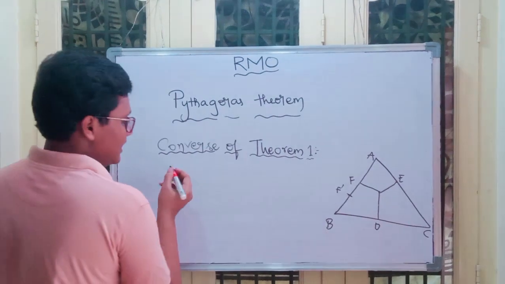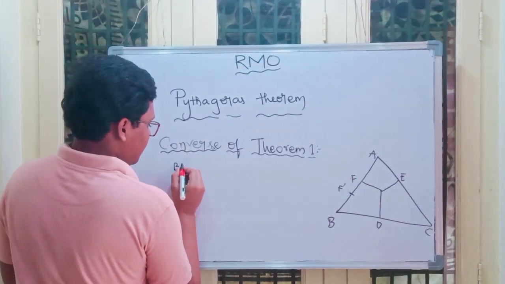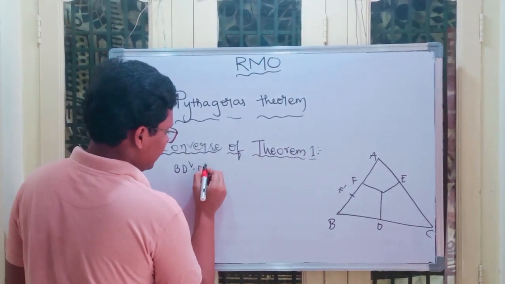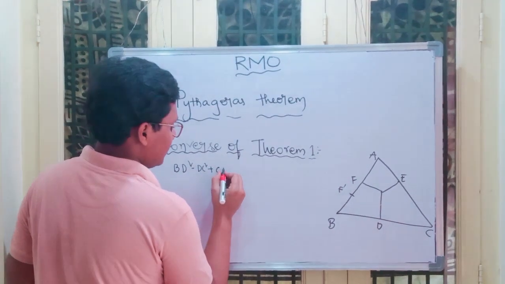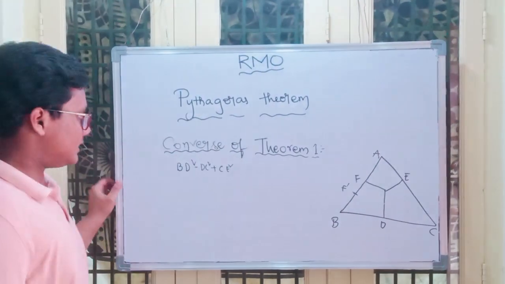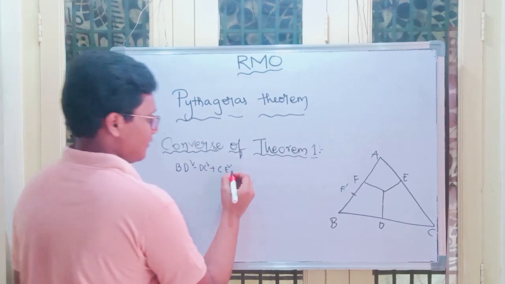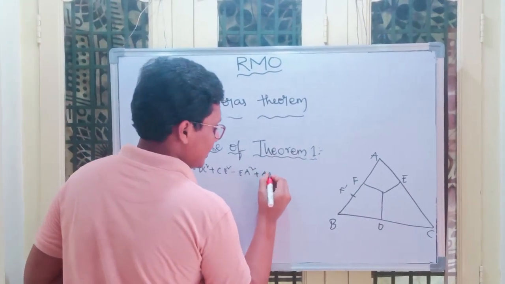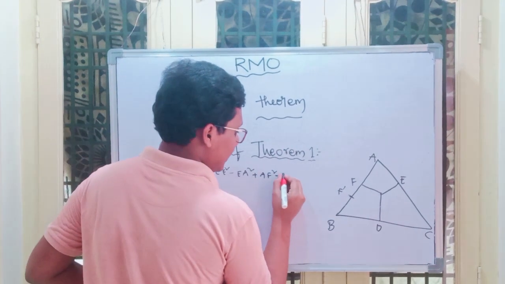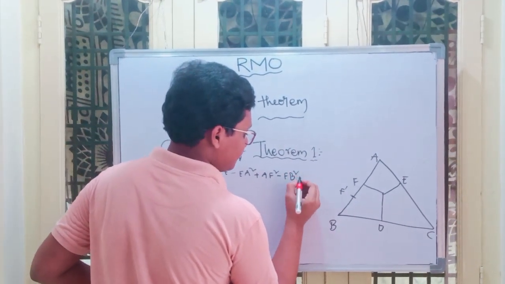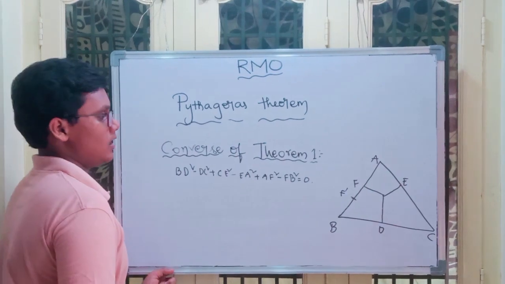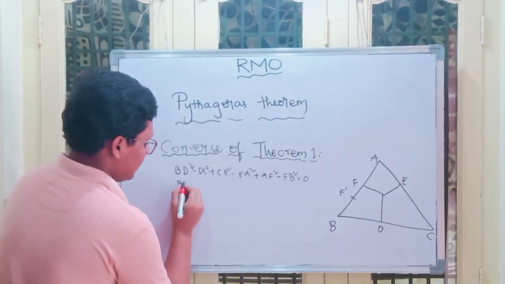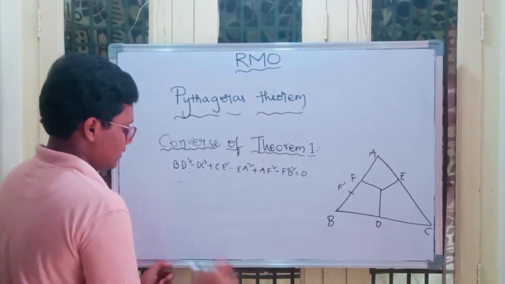Here the condition is BD square minus DC square, the condition which we proved in the theorem. That's the condition: BD square minus DC square plus CE square minus EA square plus AF square minus FB square is equals to 0. This is the condition.